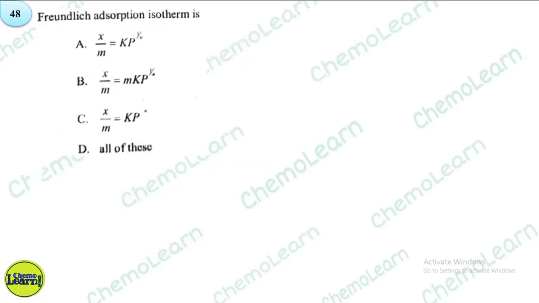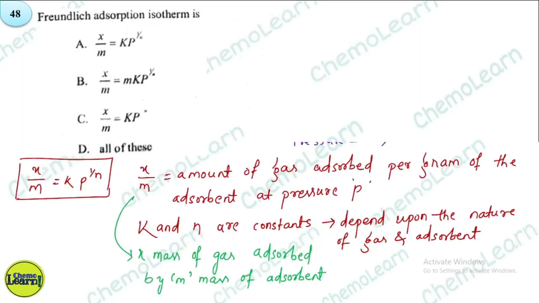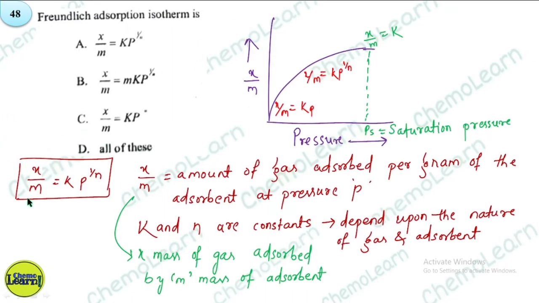Freundlich adsorption isotherm, what is it? Freundlich adsorption isotherm: x by m equals k into P to the power 1 by n, where x by m is the amount of gas adsorbed per gram of the adsorbent at pressure P, or you can say x, mass of gas adsorbed, by m, mass of adsorbent.